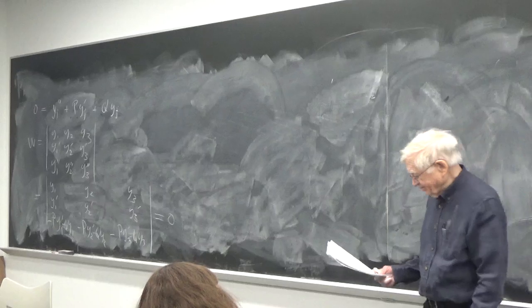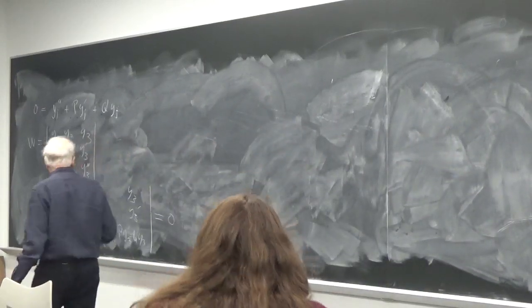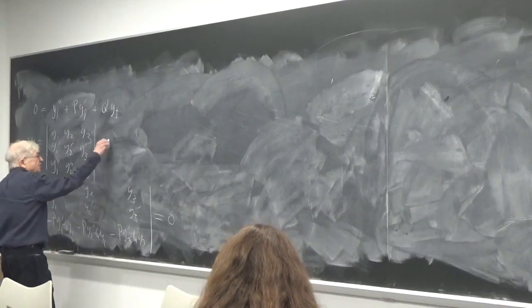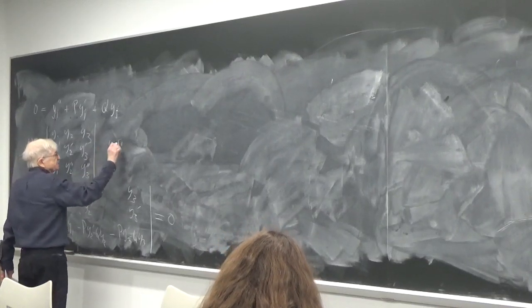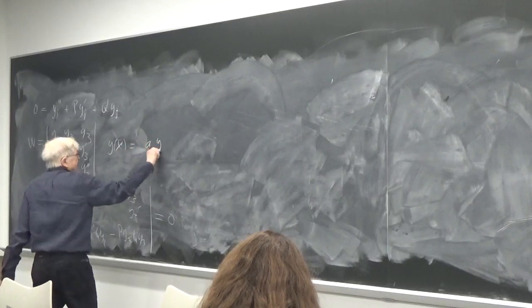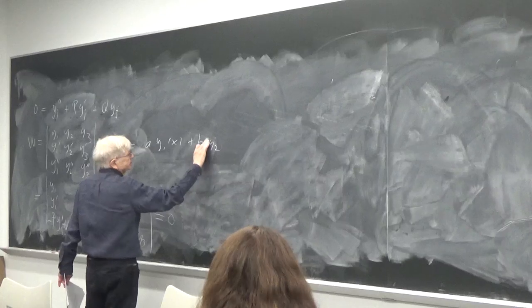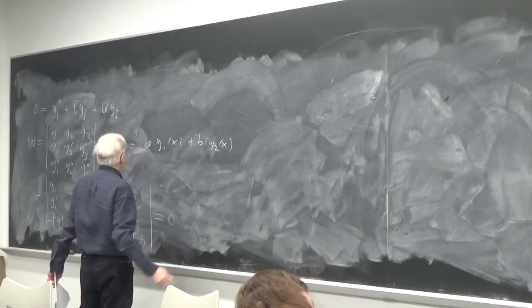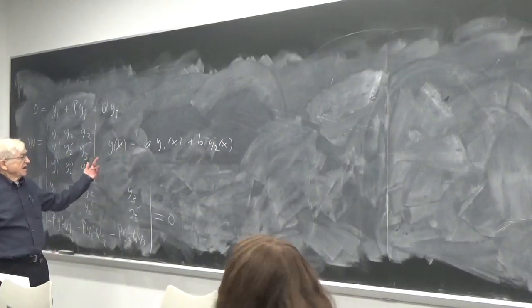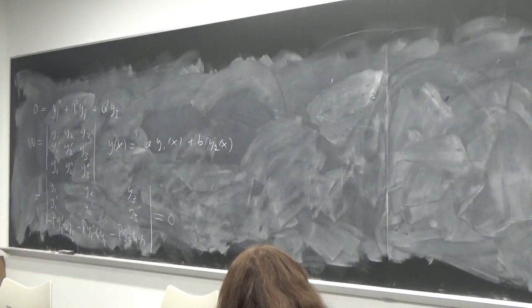But basically, if you have a second-order differential equation, then the general solution is A y1 of x plus B y2 of x, and you can solve for A and B by applying boundary conditions.